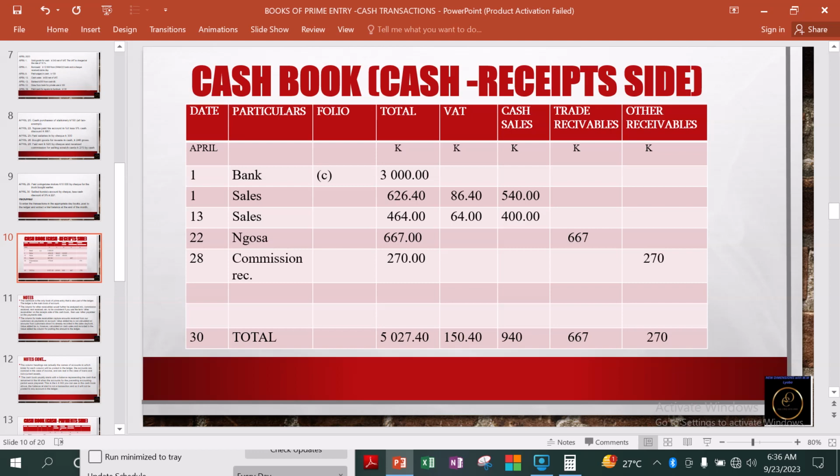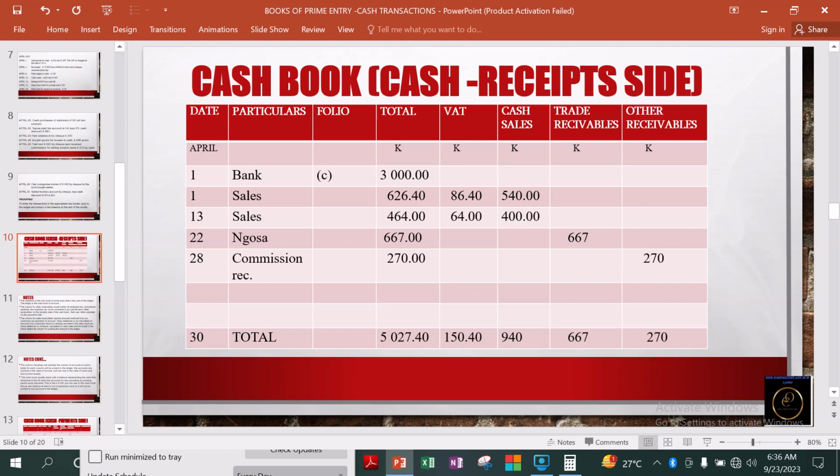Remember, when you are a VAT registered entity, you act as an agent for the revenue authority. So when VATable supplies are made, you get your part, and the other part you remit to ZRA. So that's how we account for this VAT.